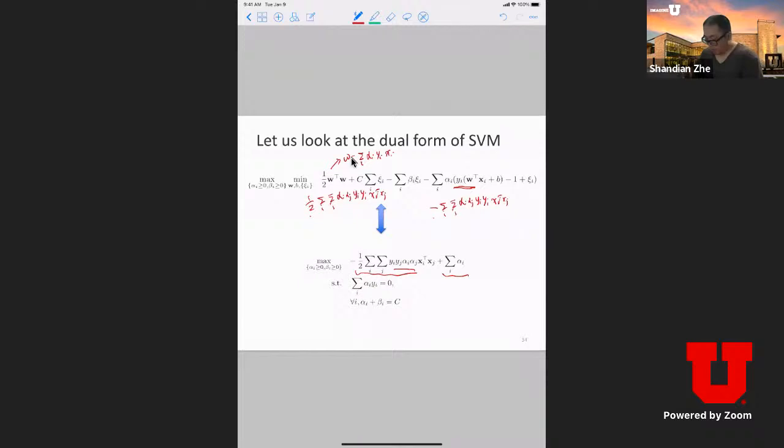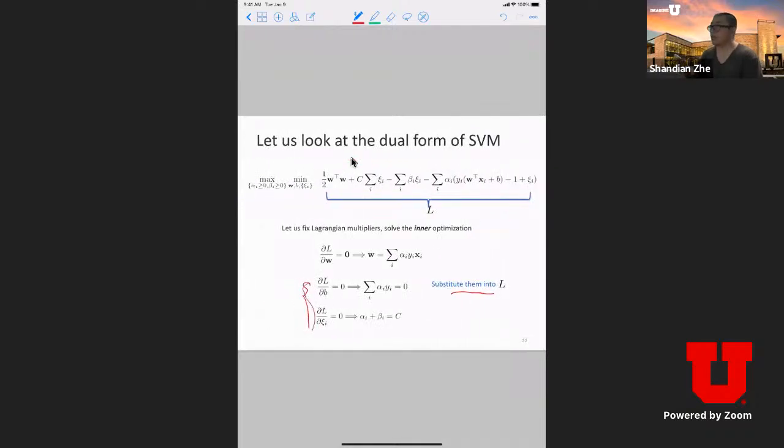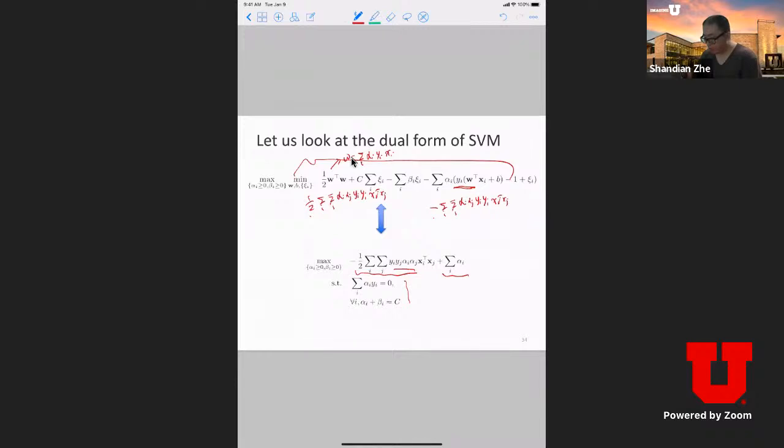And of course, after we have simplified the inner minimization problem by just writing down the optimal value, we need to preserve the constraint. Why? Because these results derived from solving the inner minimization problem are not explicitly reflected in this simplified objective. So we need to keep it. And now the problem becomes a one level optimization problem. Okay.